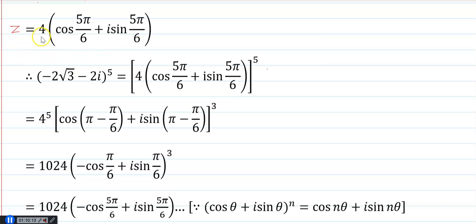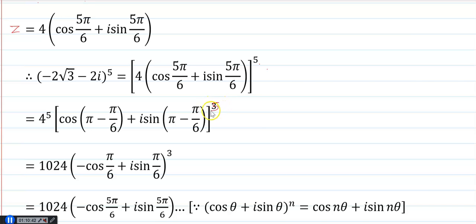Here what will come? 4 raised to 5. Next, in square bracket, cos of pi minus pi by 6 plus i times sine of pi minus pi by 6, bracket.